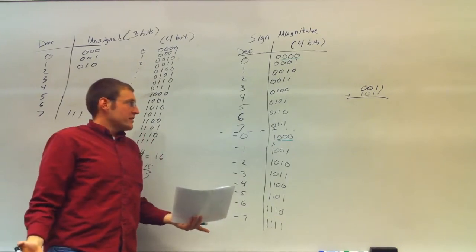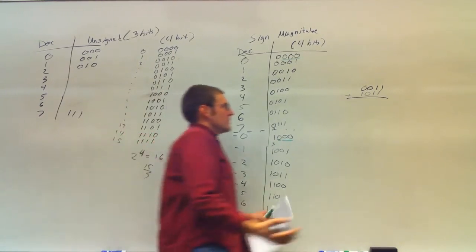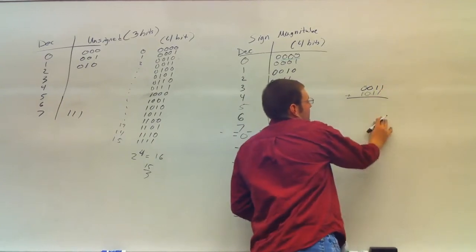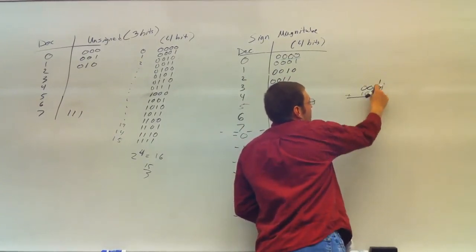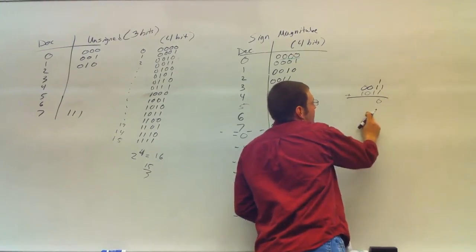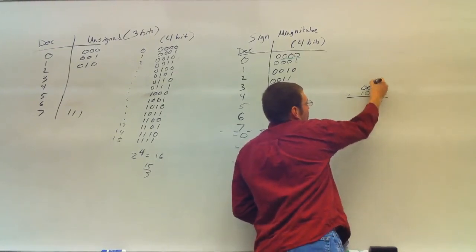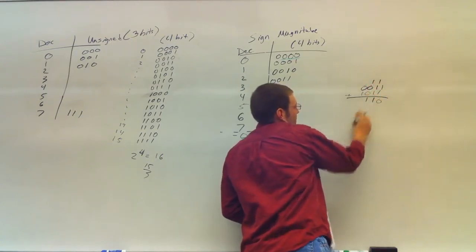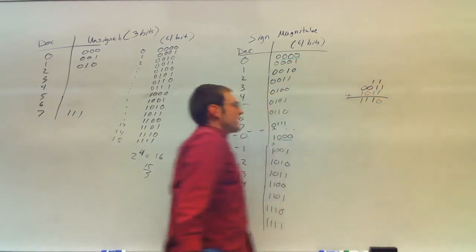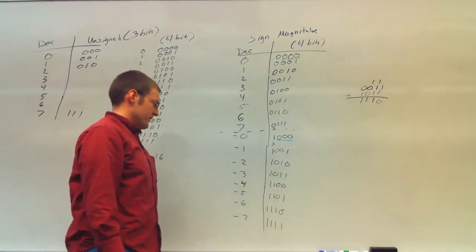So which number should I get? 0, 0, 0, 0. So I get 1 plus 1 is 0, carry the 1, and in the end I get negative 6.